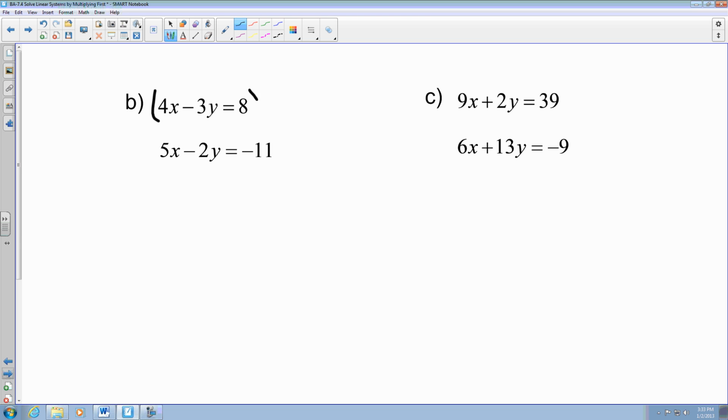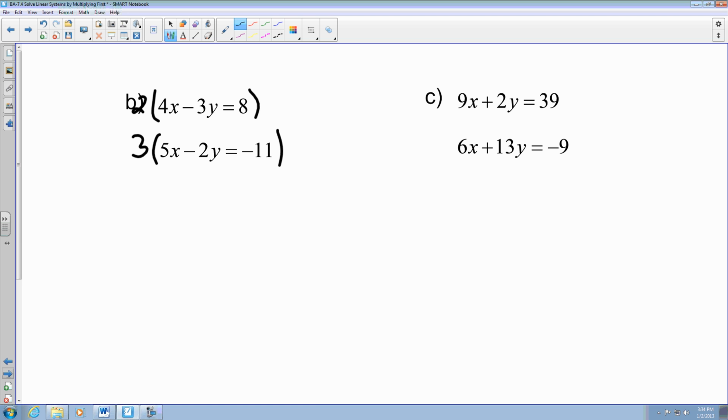I'm going to multiply both equations by the coefficient of the other equation. So the top equation, I'm going to multiply by 2, and for the bottom equation, I'm going to multiply by 3.